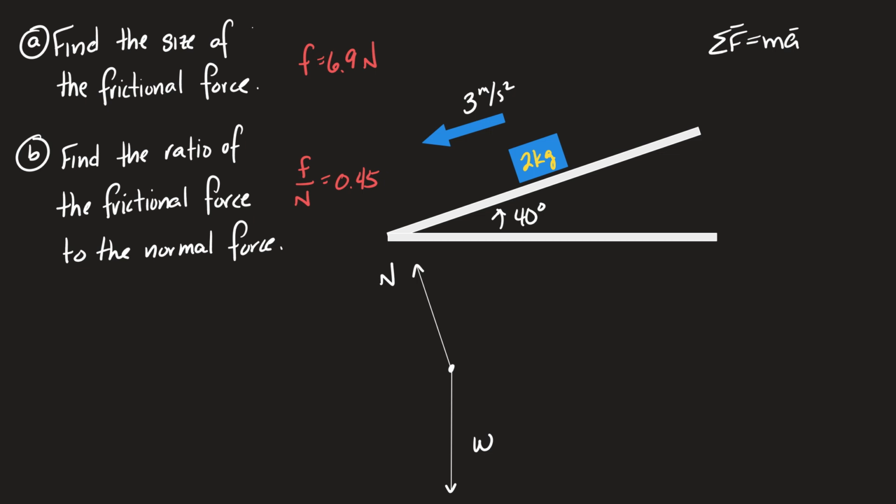But drawing friction, it does come with some conditions. It has to oppose the direction of motion. Do we know the direction of motion? Yes. So I have to draw it in the opposite direction of the motion of the box. So it's got to be up the ramp. That's not arbitrary. And as I walked around, I saw a lot of people who were drawing stuff like this. That's not going to serve you very well.